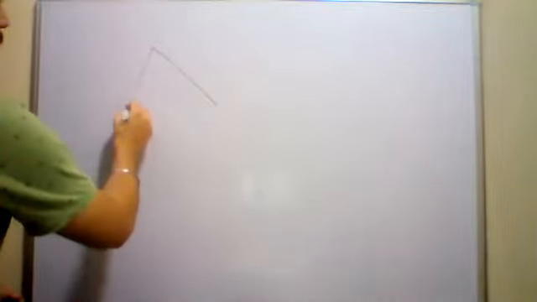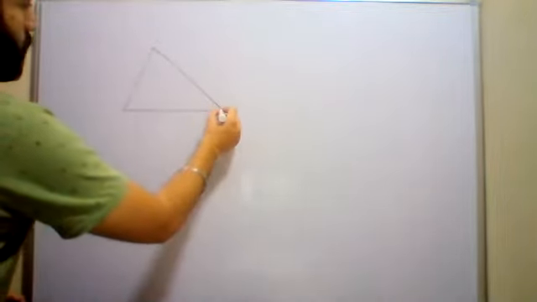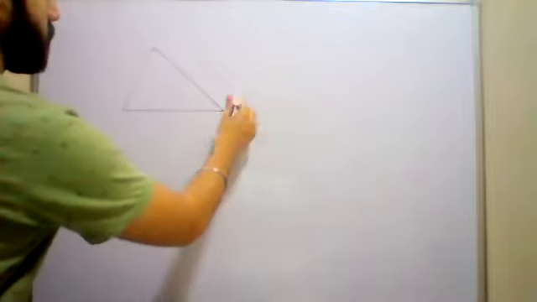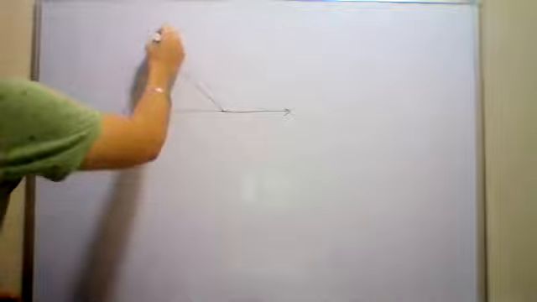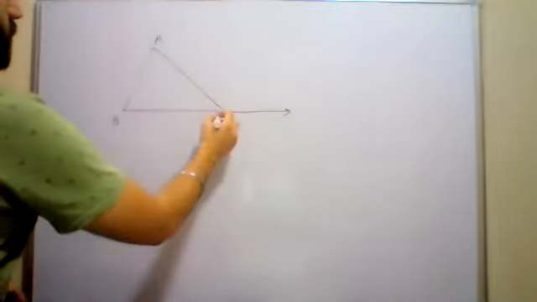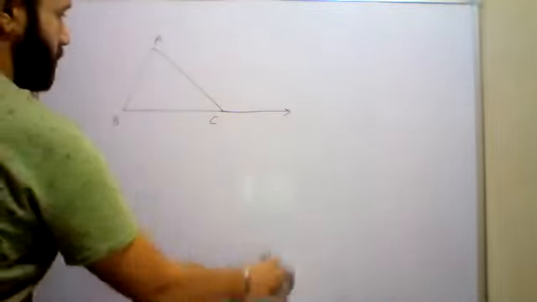So this is a triangle. Let me first make a triangle ABC.